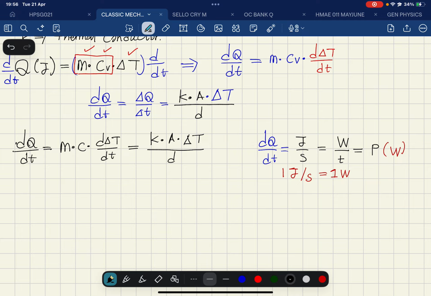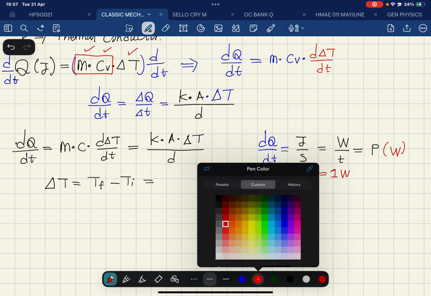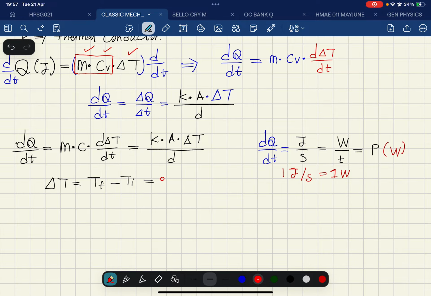So how can I find the SI unit of K? Now let's talk about the SI unit of the change in temperature. The change in temperature is equal to temperature final minus temperature initial. The temperature final is measured in degrees Celsius, minus the temperature initial, which is measured in degrees Celsius.